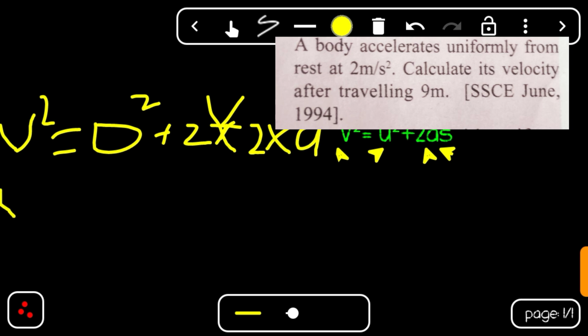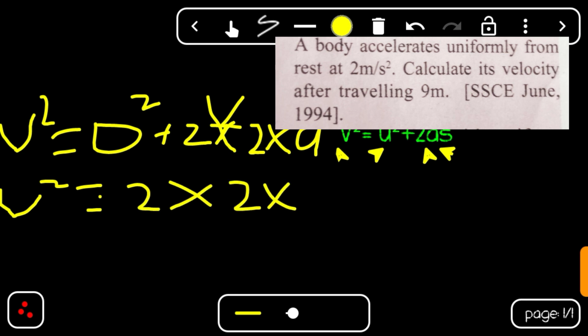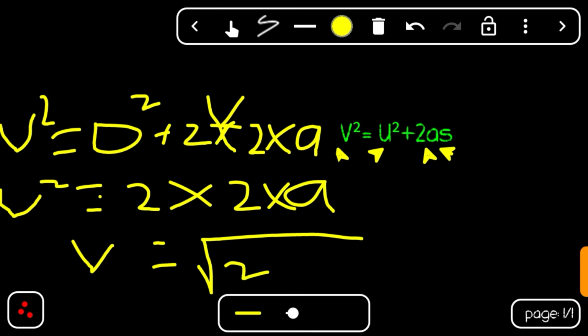We have v square equals 0 square is 0, plus 2 times 2 times 9. So we have v equals root of 2 times 2 times 9.